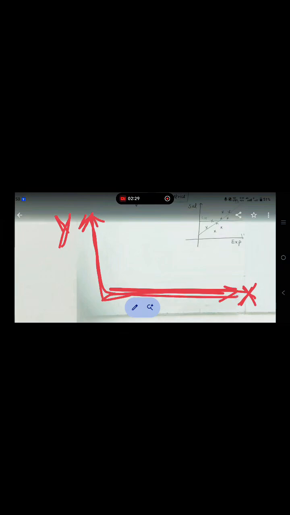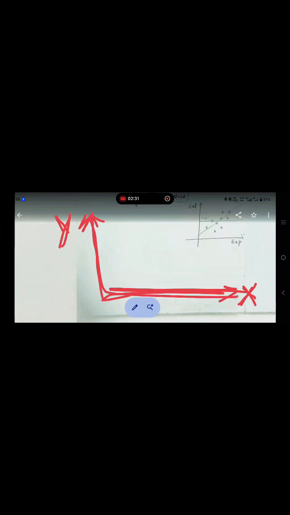In regression, the independent variable will always be shown on the x-axis, while the dependent variable will always be shown on the y-axis.